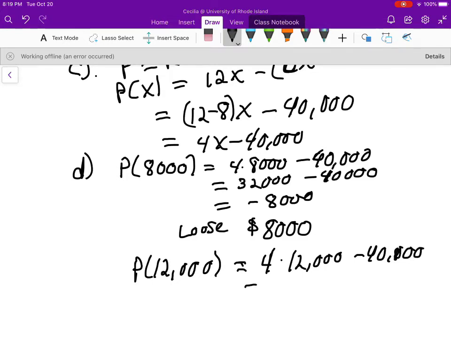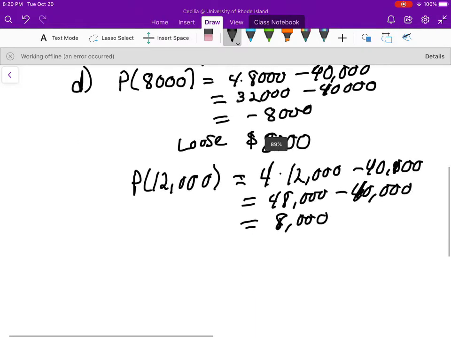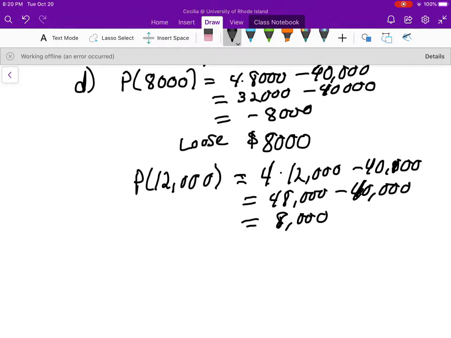And this is going to give us a 48,000 minus 40,000, which is going to equal 8,000. So we get that the profit for 12,000 units is $8,000. So first we were having a loss. Sorry, I misspelled that. We would have a loss of 8,000, and now we're going to have a profit of 8,000.